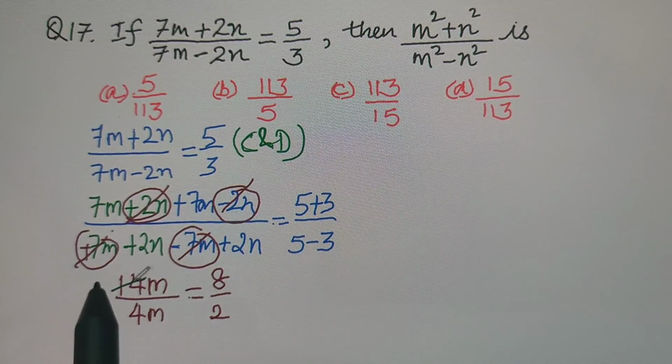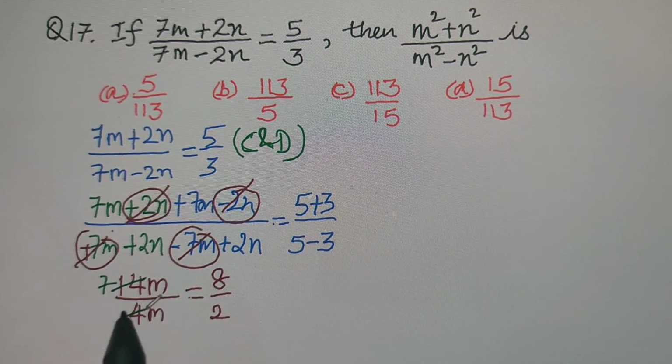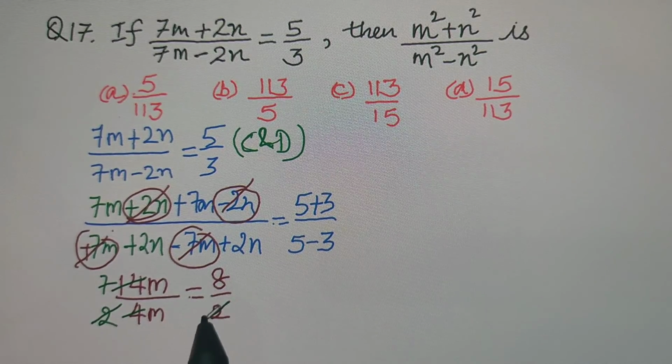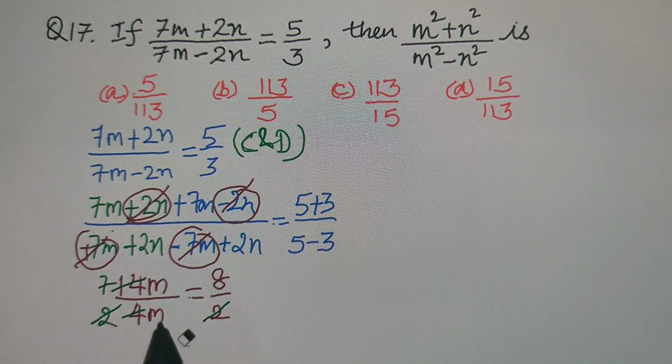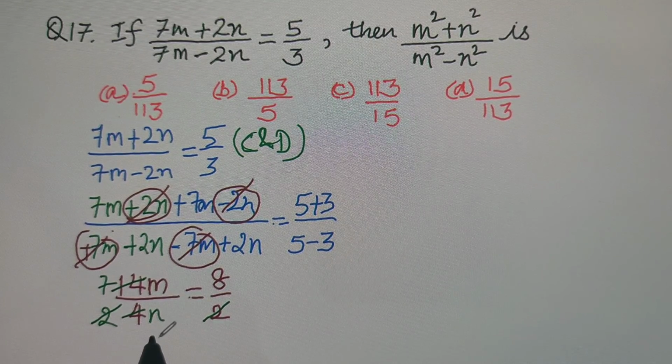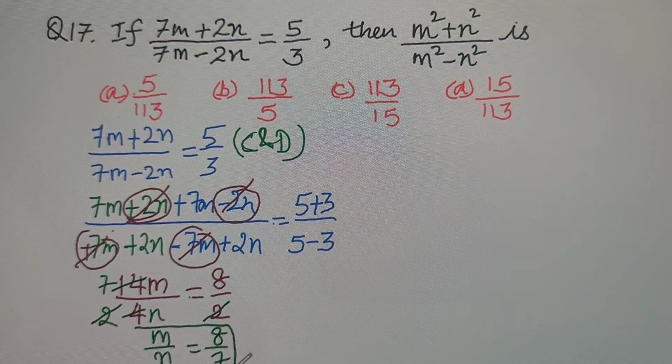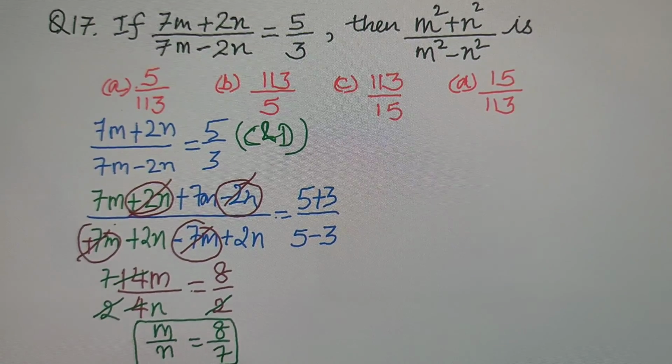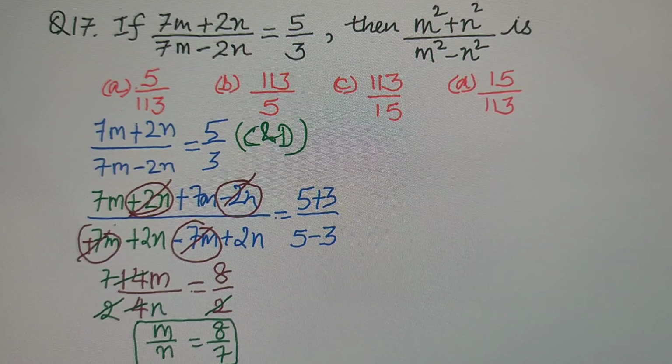Now cancel the 2s. Sorry, this has to be n. So the value of m upon n, I get it as 8 upon 7. So m upon n is 8 upon 7.